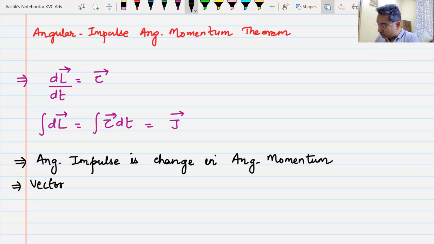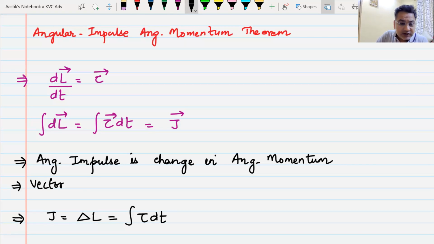Now, if I don't use vector, because things are only going to rotate on one axis, there is no point of using vector. So if I don't use the vector sign, I can write impulse as change in angular momentum, and that is nothing but integral of tau into dt.